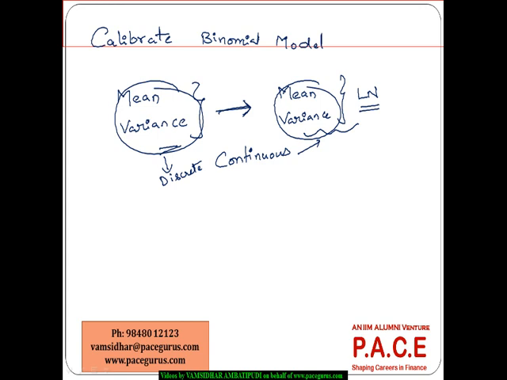And especially if we are considering the recombining binomial trees, one more additional thing that we try to create as a relationship between u and d is u equal to 1 by d. So these two things. The first thing is we make sure that the mean and the variance for our binomial model will be similar to the mean and the variance that gets created from the equivalent log normal model.